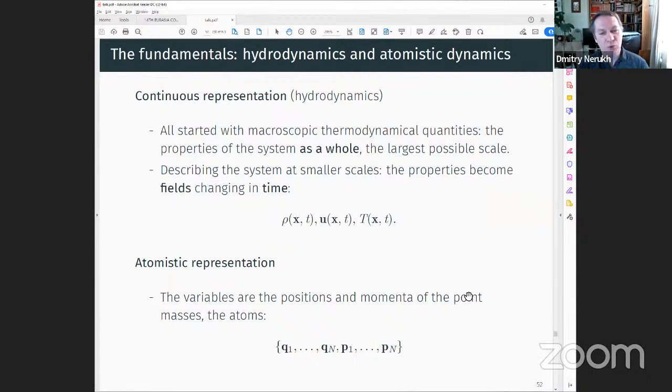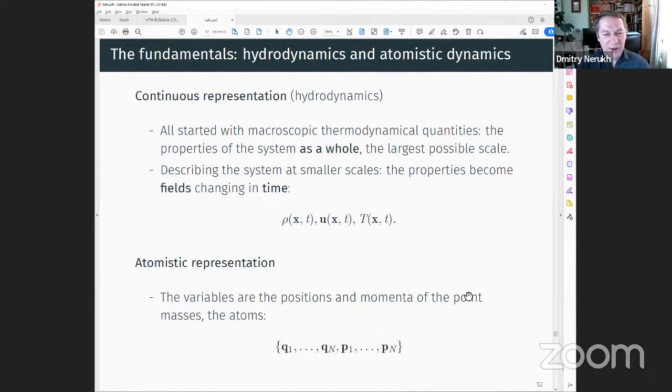Hydrodynamics represents water as continuous matter, and as such it's much more economical to simulate. So our goal was to combine the continuous hydrodynamic representation, which is economical to simulate, with the atomistic representation of those parts of the system which we are interested in.